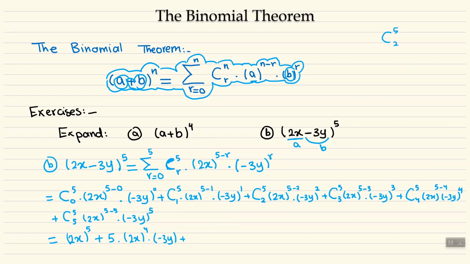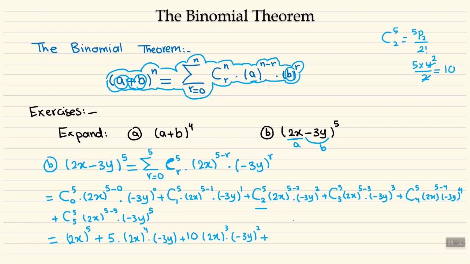Combination 5, 2 is 5 permutation 2 over 2 factorial, which is 5 times 4 over 2 factorial, which is 2. We cancel the 2 with the 4, we get 2, and 5 times 2 is equal to 10. So combination 5, 2 is 10, times 2x to the power of 3 times negative 3y to the power of 2.